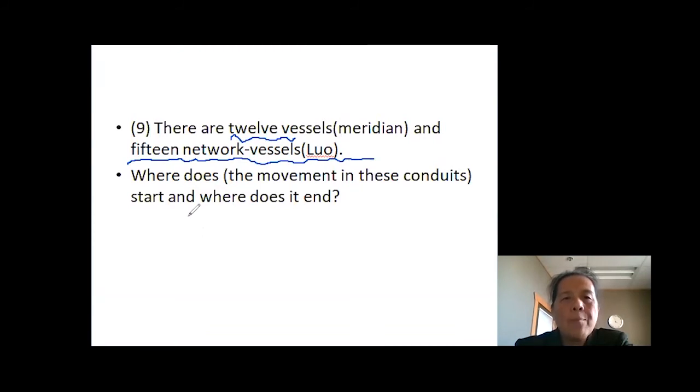Where they come from, where they go, where they start, and where they end. So that's the question here. So that's basically asking how the meridians go and how they pass.